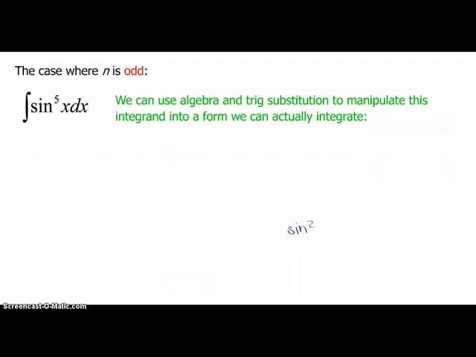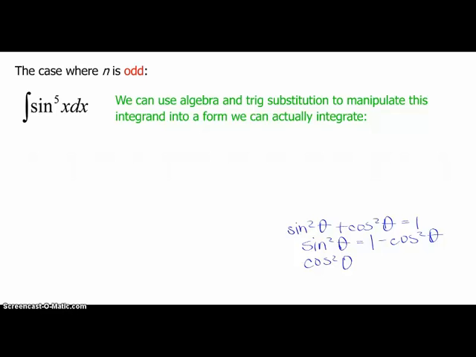Now, some things I want to remind you of trigonometry-wise. Remember the Pythagorean identity: sine squared of theta plus cosine squared of theta equals 1. We can solve that for sine squared using algebra, subtracting cosine squared from both sides.